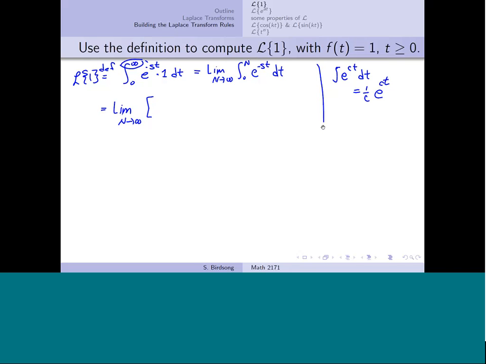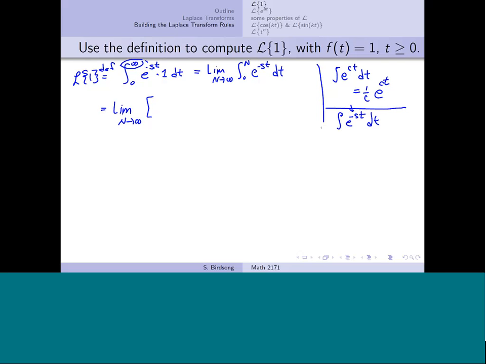It'll turn out to be the reciprocal of whatever that coefficient is on the exponent, multiplied by the original e part.